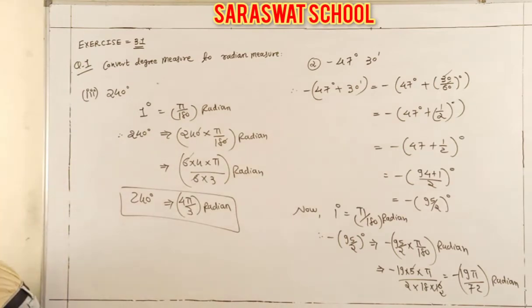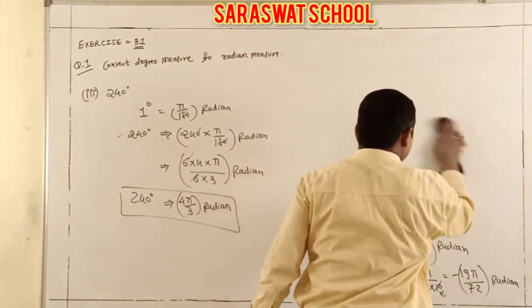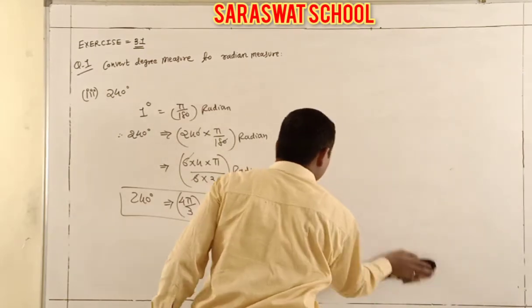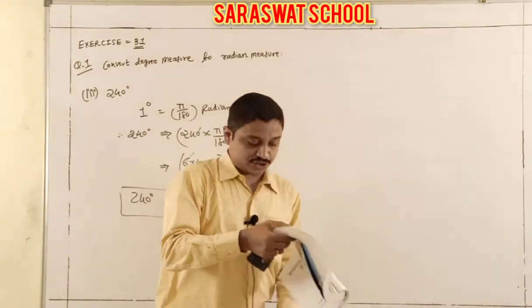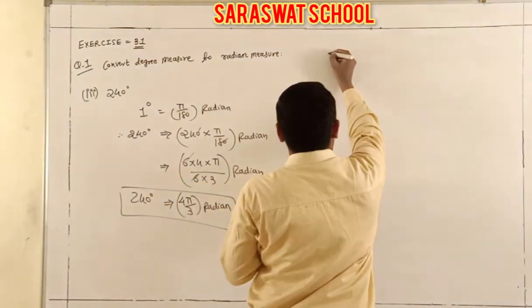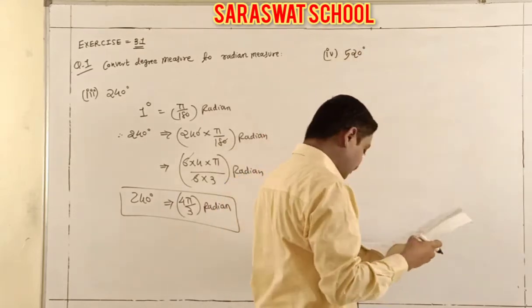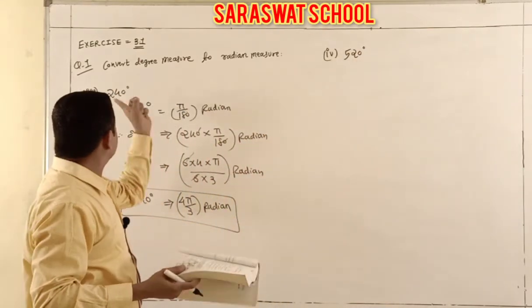Now continue, students. Question number 4th. Fourth is also the same question. 520 degree, translate into radian, degree to radian.